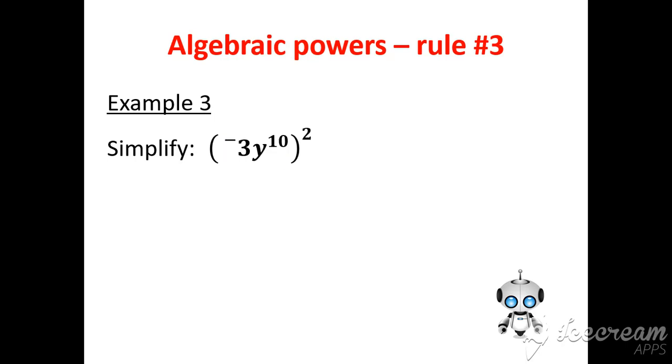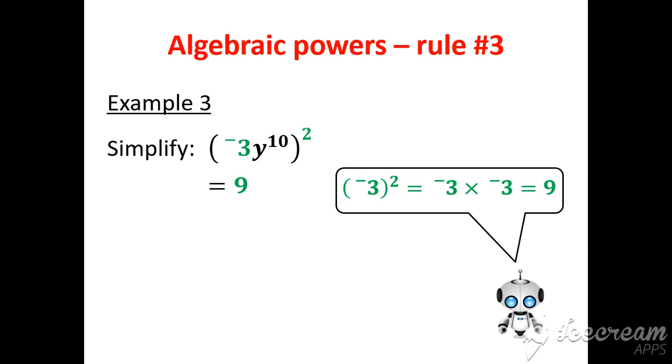Right, what about this tricky one here? Simplify inside brackets, negative 3 times y to the power of 10 all squared. Well, we're going to go negative 3 to the power of 2. Now, power of 2 is squaring it, which is timesing it by itself. So negative 3 squared is negative 3 times negative 3. Two negatives make a positive.